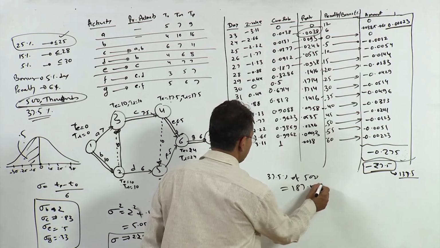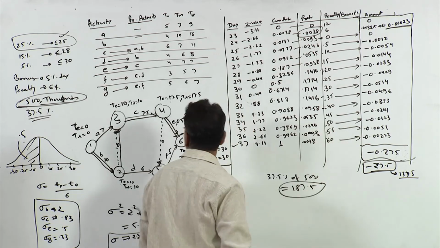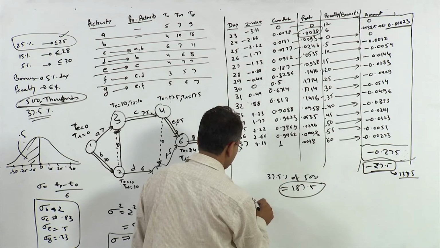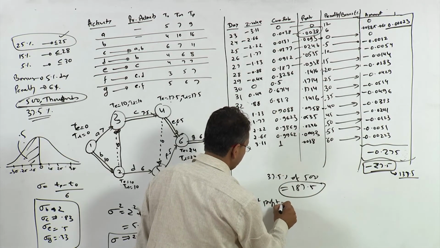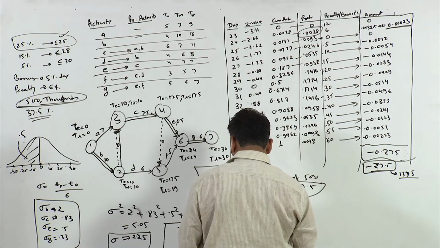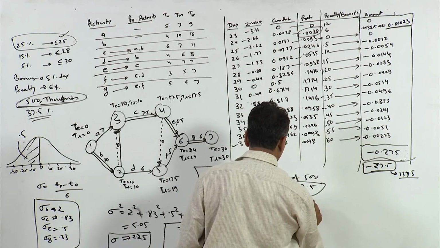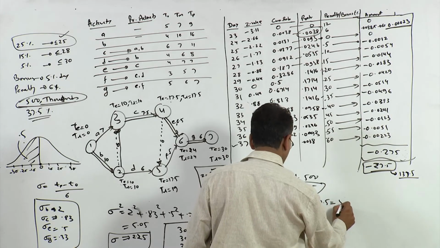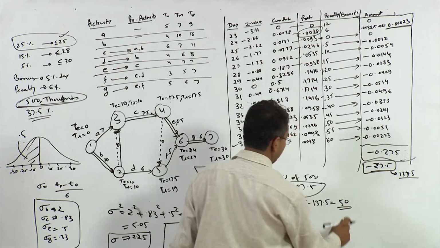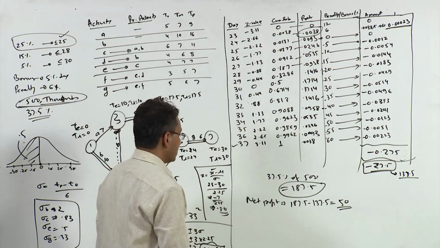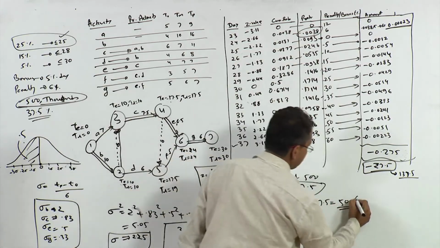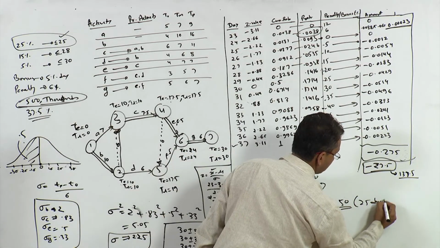So this is your profit and this is your penalty. So let us calculate net profit. Net profit is equal to 187.5 minus 137.5. So this is 50,000 rupees. Similarly, this is the net profit for 25 days.